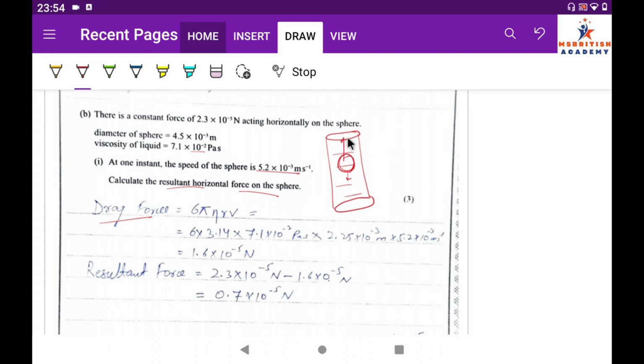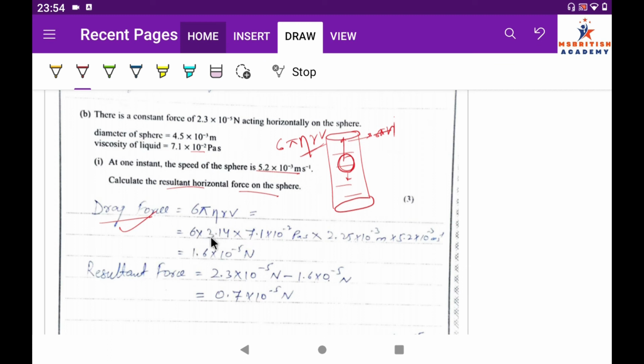So that will be 6 pi eta r v. This will be the drag force. So in 6 pi eta r v, we can put the values of these constants.